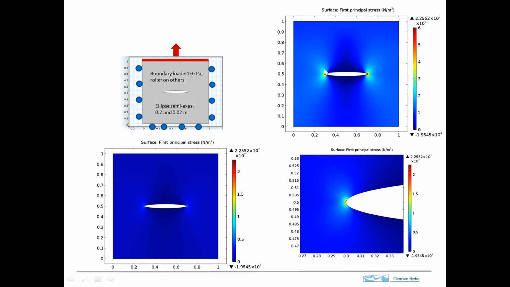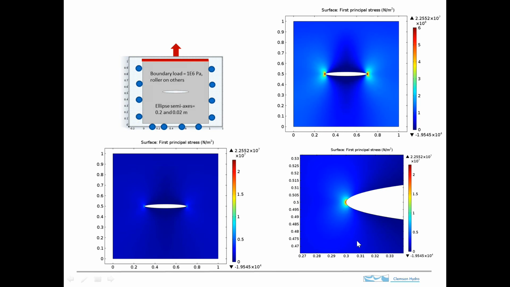And so if we blow up this region right here and we go back to this scale, then we see what's happening. This large tensile stress, 22 times greater than the applied stress, occurs right here at the tip of this elliptical hole. And we can see this pattern of stresses associated with that.